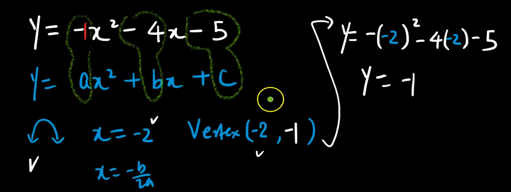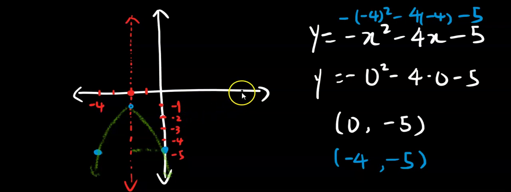Why? Because once you have the axis of symmetry, all you need to do is find the y-coordinate. You will have the vertex. Then you're going to find your easy point. If you can have a 0, use a 0. Okay, that's very easy for us to calculate. And then remember, it's symmetric. What you have on the left, you will have on the right, because it's like a beautiful origami.